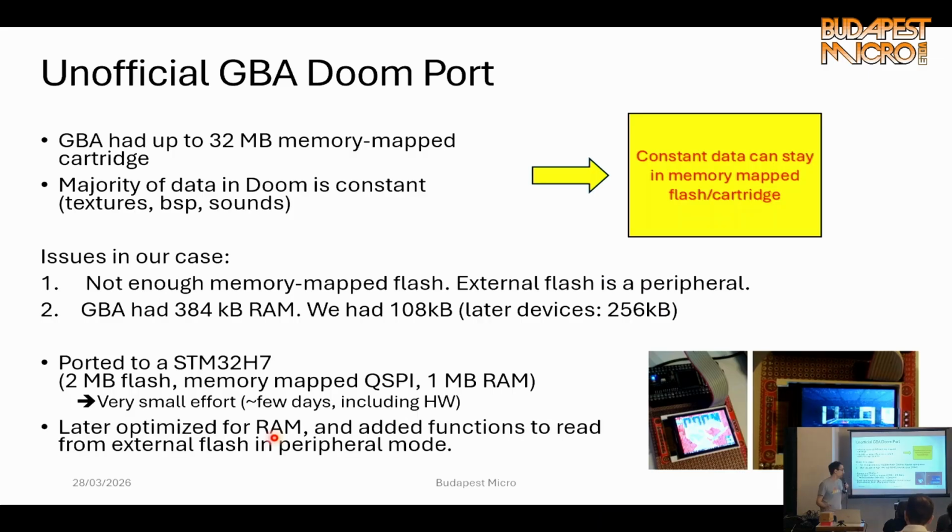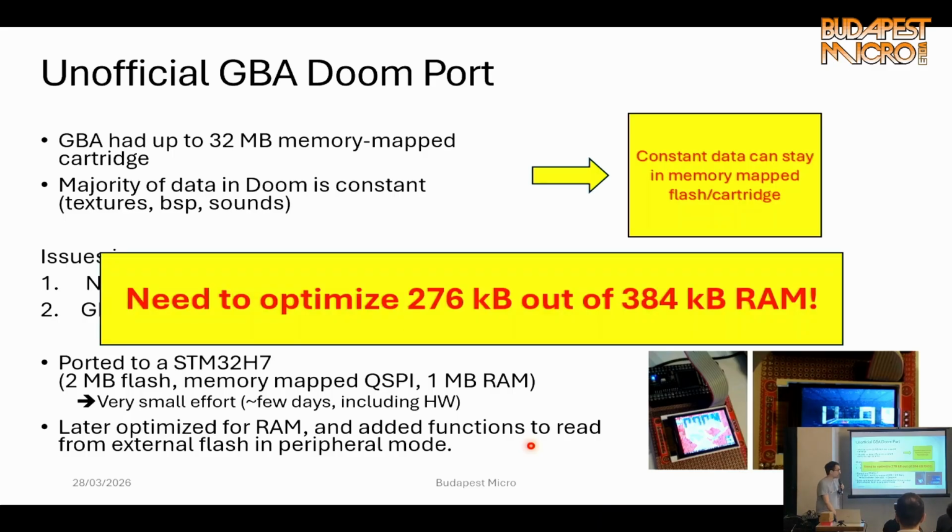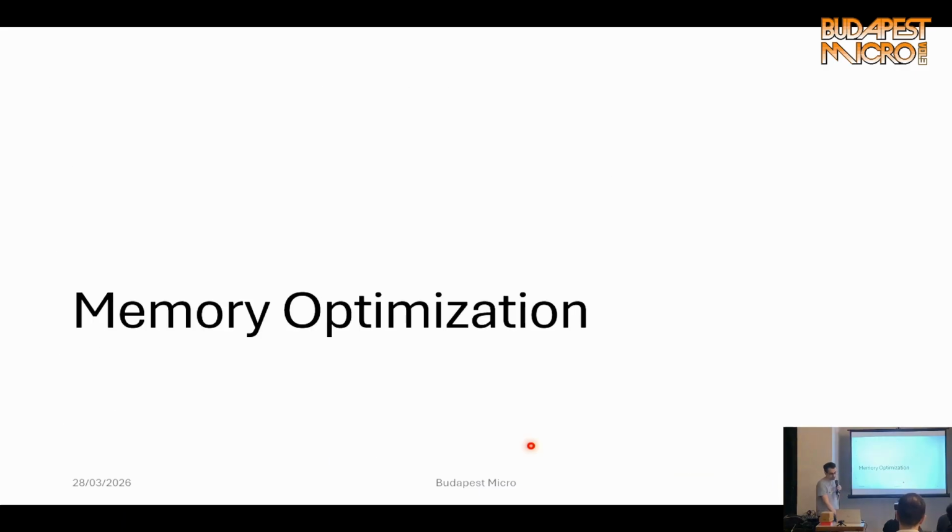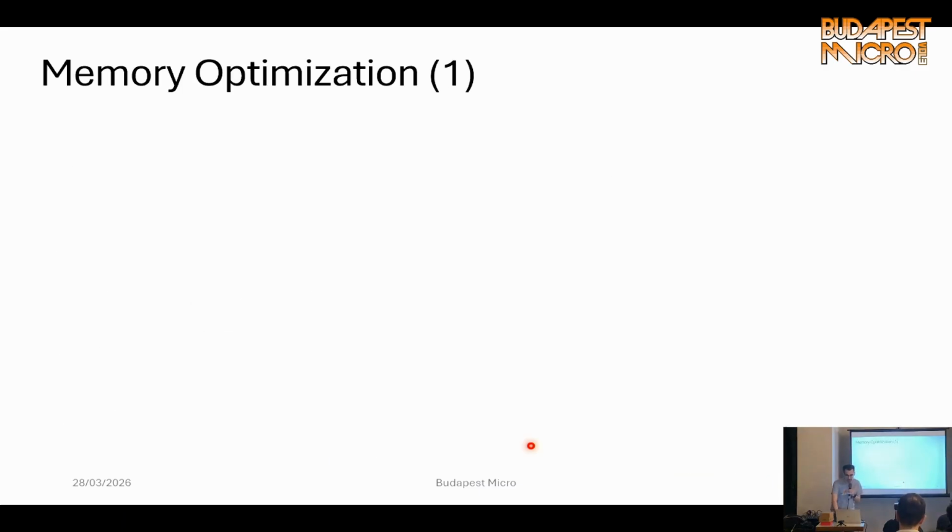But later, I have optimized for RAM to go down to the 108 kilobyte goal, and I had added the functions so that I can read from the QSPI like it was a peripheral, so that it was simple later to port to the target device. But I had to optimize 276 kilobytes out of 384 kilobytes. So we had to do some memory optimization.